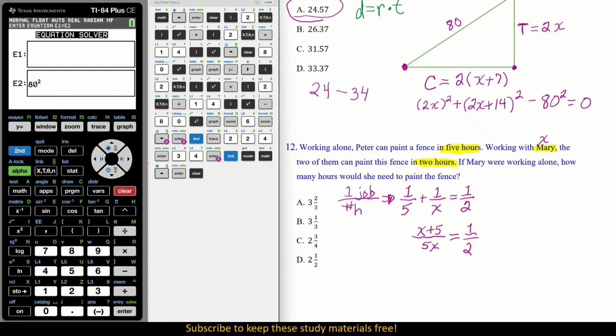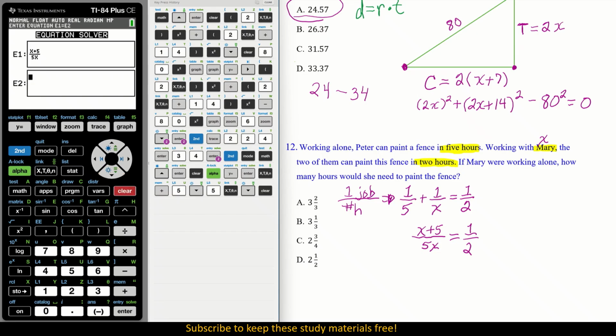We could enter it as a fraction as we see it, or we could put everything in parentheses and just use the division. I'm going to say alpha y equals, so that gives me my fractional setup. Now I'm just going to enter what I see. x plus 5, arrow down, and that is 5x.